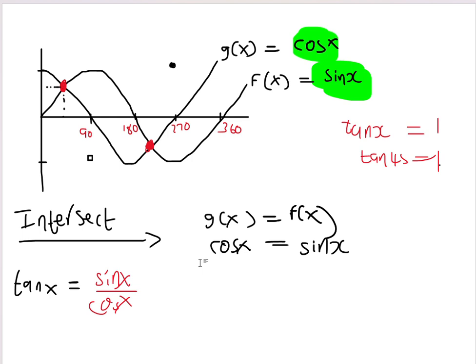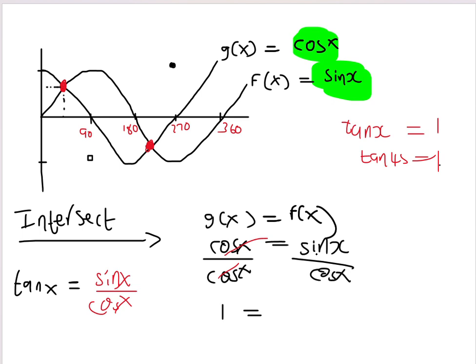So how can we bring sine x over cosine x here? Well, if we divide both sides by cosine x, on the left side the cosine cancels the cosine and you're left with 1. And on the right side, you've got sine x divided by cos x.